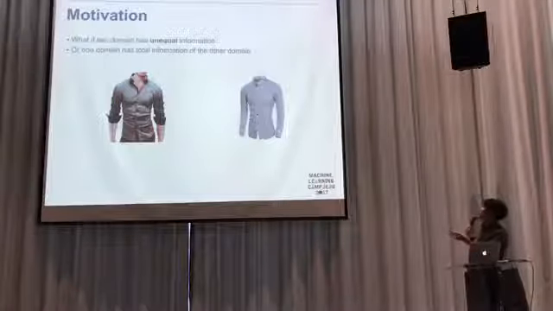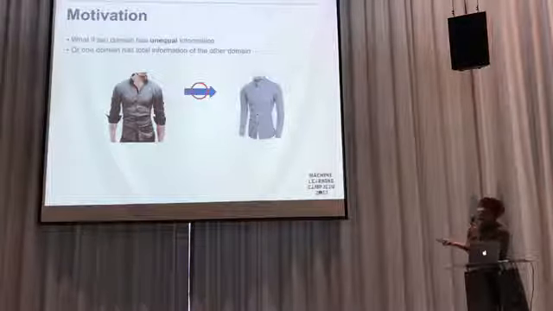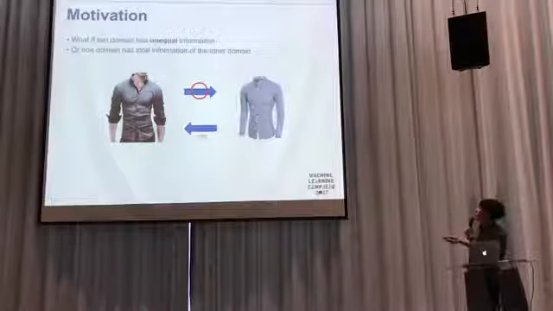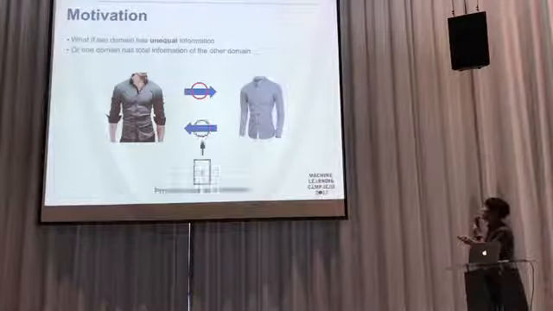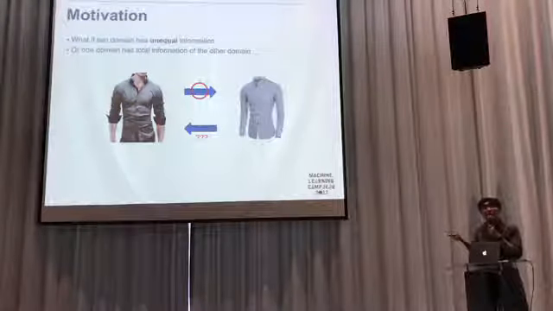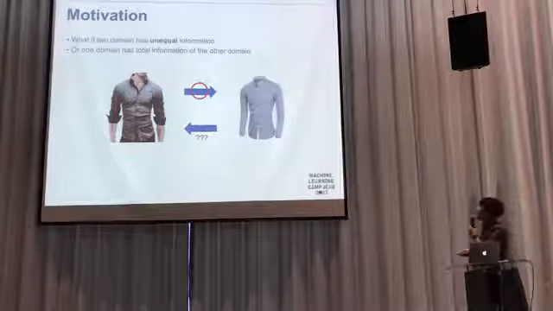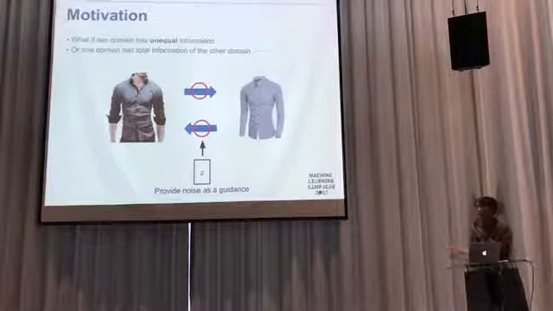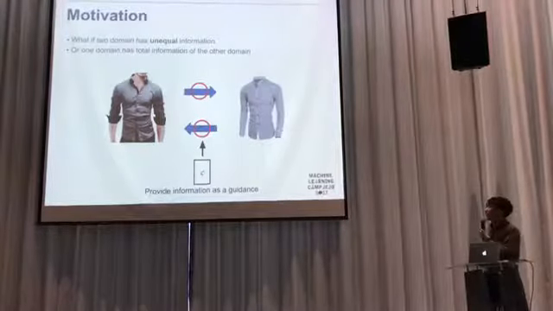If you convert this image to this, it makes sense. But if you want to restore or convert the other way, it's quite difficult and tricky, because there are lots of possibilities. It may be male, female, or some face. So we can give some variance by giving noise as guidance, or we can provide some semantic information.